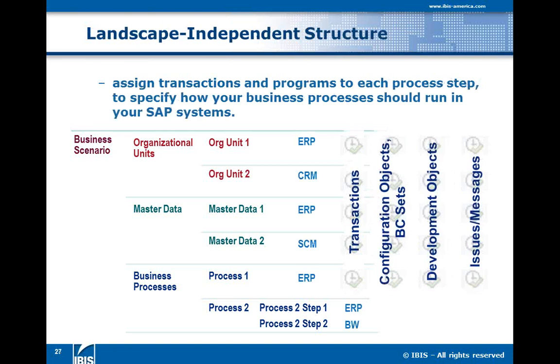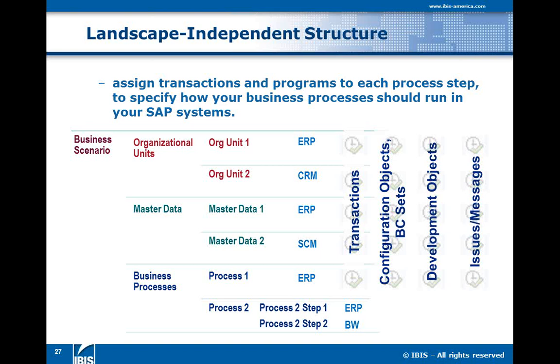And the other value to orienting yourself to a process-based approach is you can tie your objects, and those include transactions, IMG objects, program or other development objects, to that structure as well. And this can become landscape independent, because it doesn't matter if a process spans more than one system, or you have a definition of organizational units and master data in more than one system.